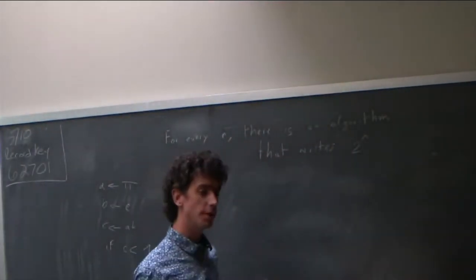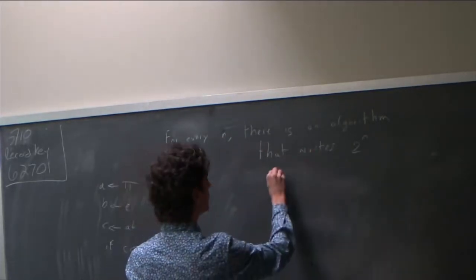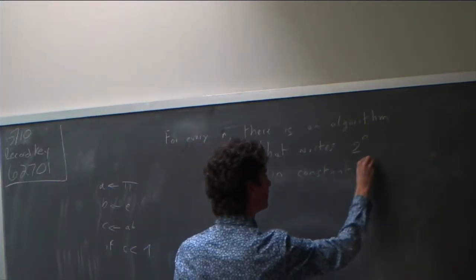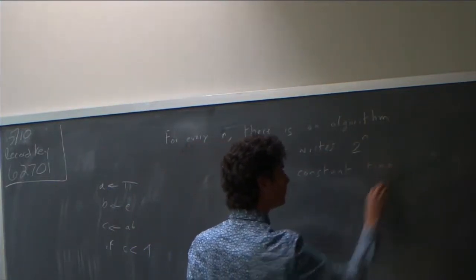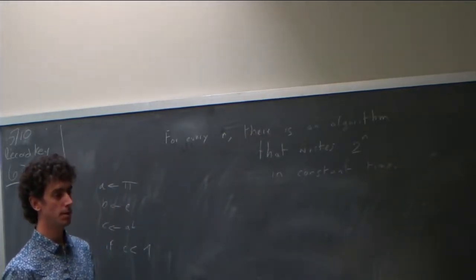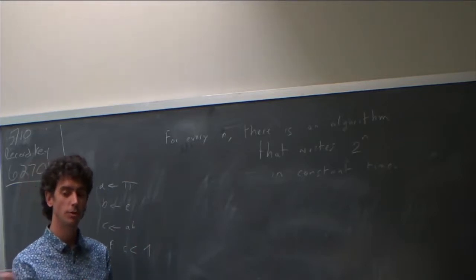Let's say it's a Turing machine. For every n, there exists a Turing machine that writes 2 to the n in constant time. Right? For every n, there's an algorithm. That's just the algorithm that prints all the numbers.